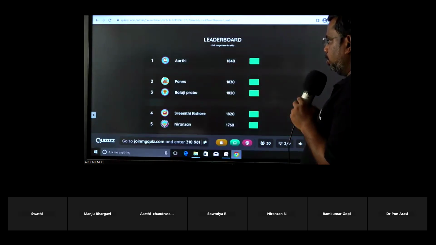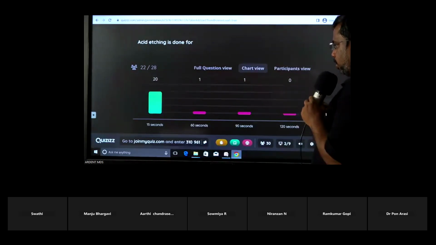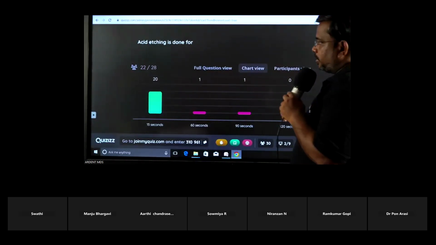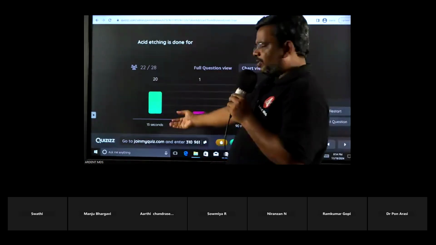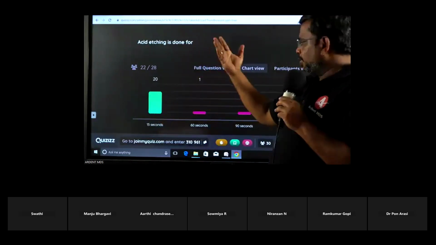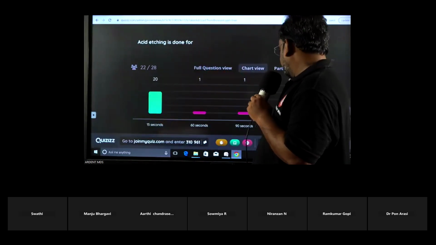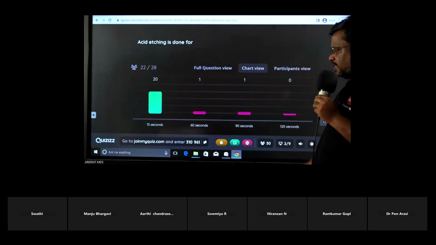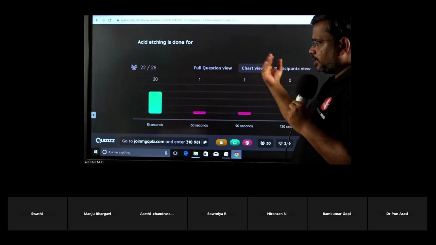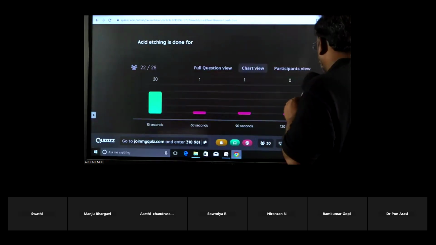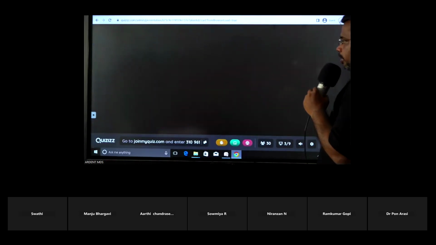Acid etching is done for, a very easy question, right? It was done for 15 seconds. Previously, we used 90, 60, all this. Now the concept is 15 seconds. Shall I go to the next question?